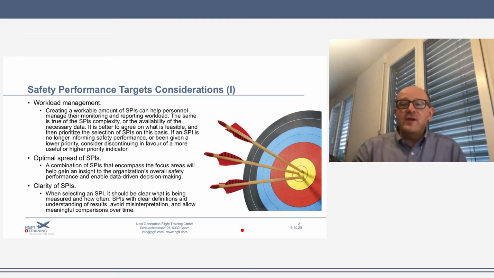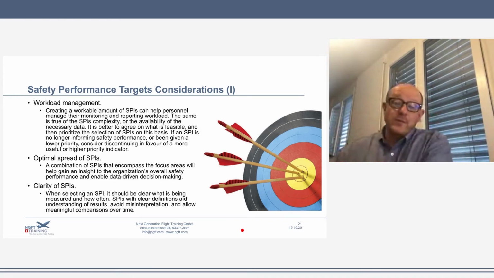Now, if a safety performance indicator is clearly linked to safety, it's easier, but it may not always be. Because over time, the way we do things, the way we process things, some of these safety performance indicators may get out of date, or they may not measure the actual way how we do something.